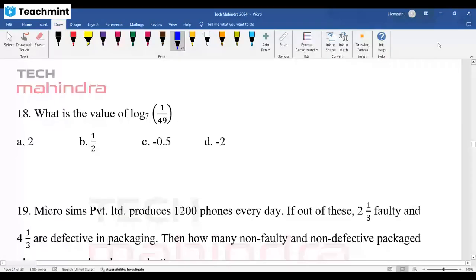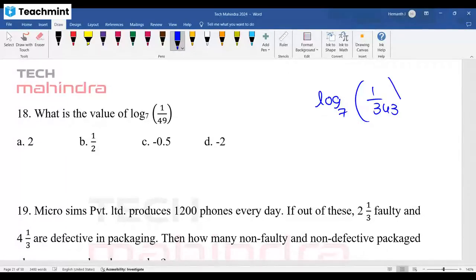Again, you see, they're asking this type of question. For your friends, they gave log 7 of 1 by 343. 343 can be written as 7 cube. That can be written as log of 7 power minus 3 base 7, which is equal to minus 3. But this is minus 2.